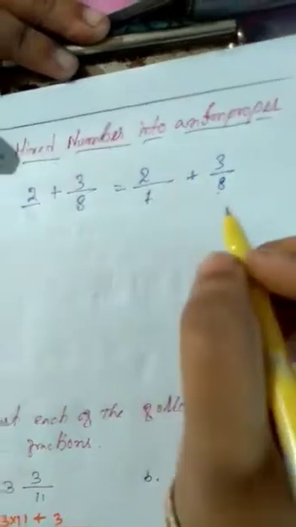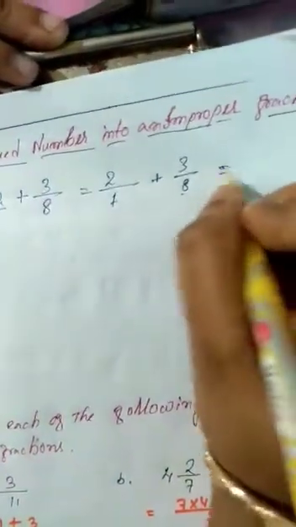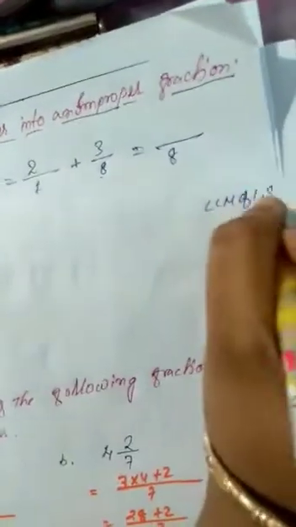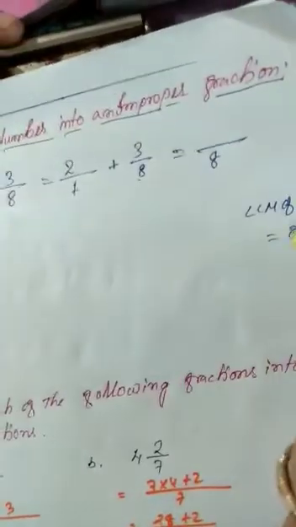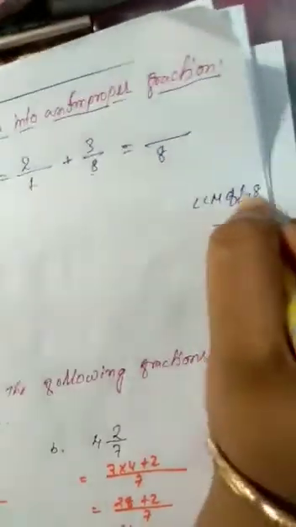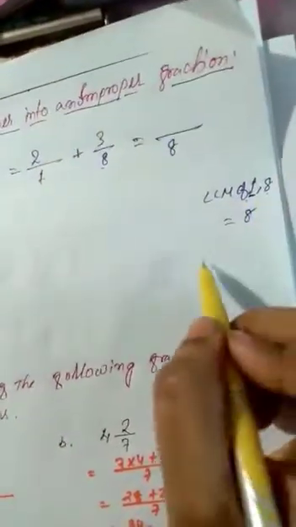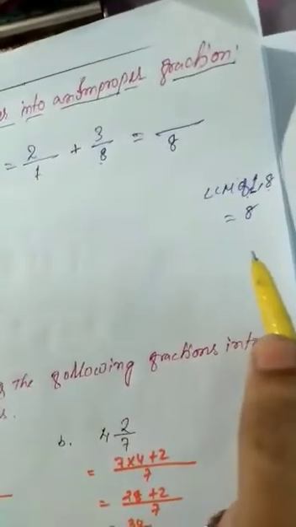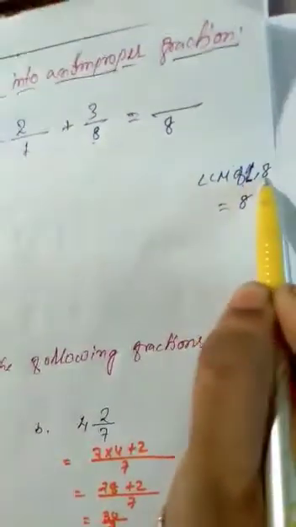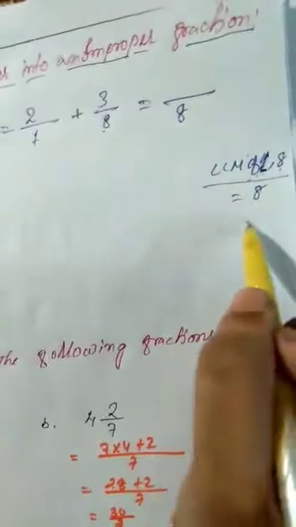The LCM of 1 and 8 will be 8, as 1 is the only factor of itself.